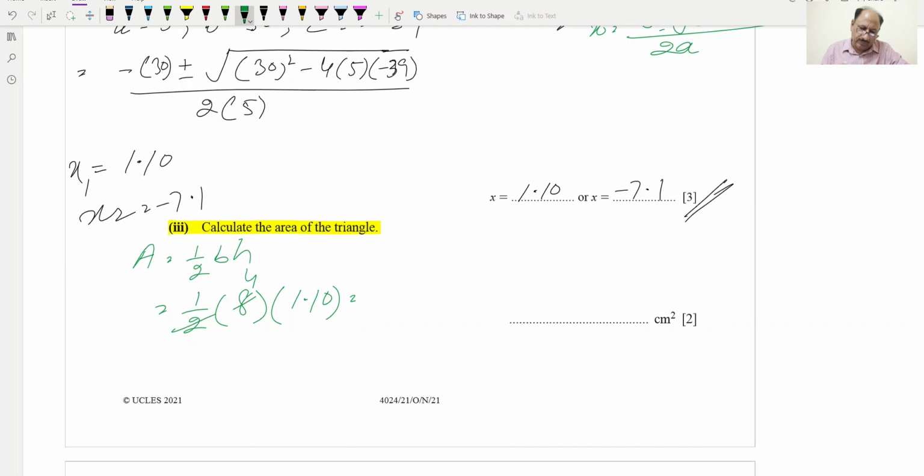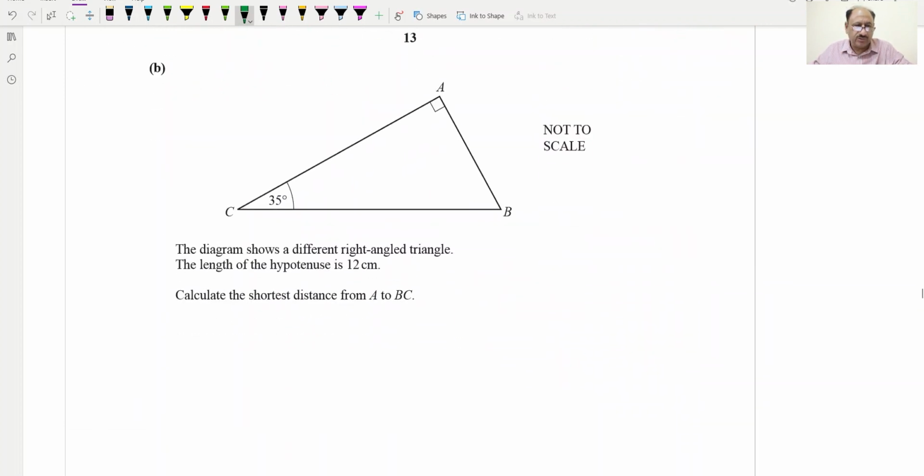So we can write here 2 in brackets, and 2 will cancel with this, and it will remain 8. So the answer will be 8.8. So 8.8 will be our final answer, which is centimeter square. Hopefully you understood this.